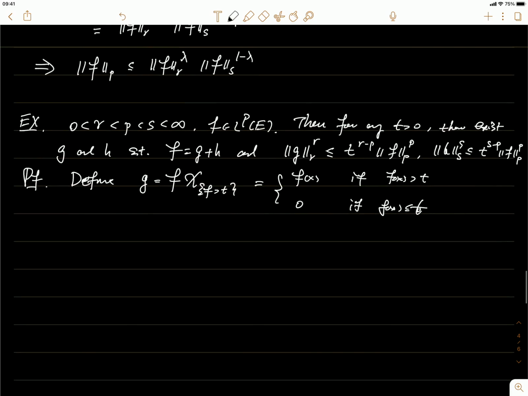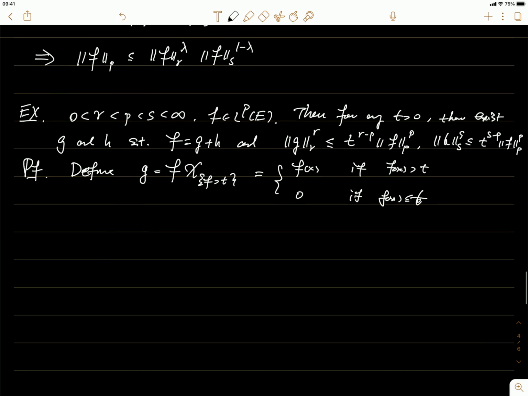Okay, so now let's take a look at the g norm. The r norm of g to the power r is just the integral of g^r, right? And this can be written as g, I separate this into two parts. One is r minus p, the other part is p.